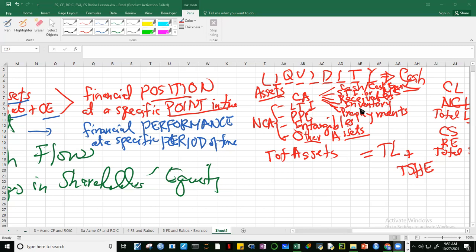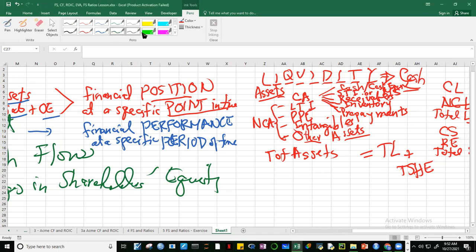Would anyone know what these 3 layers of inventory are for a manufacturing firm? Is it raw materials?